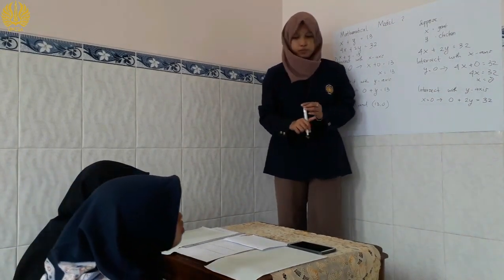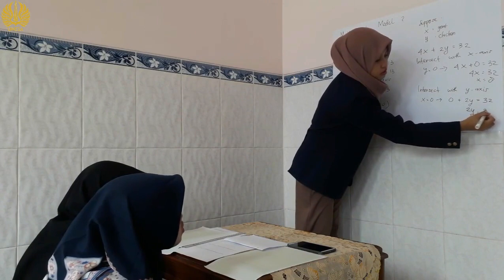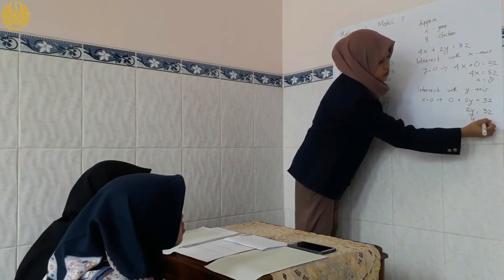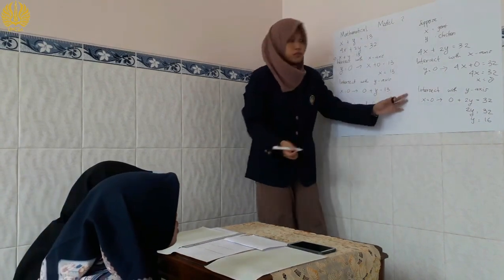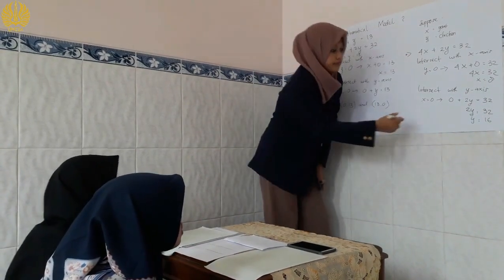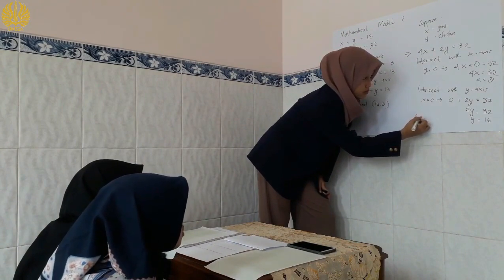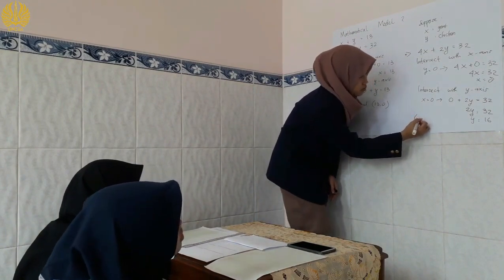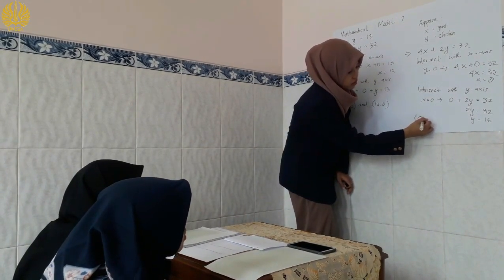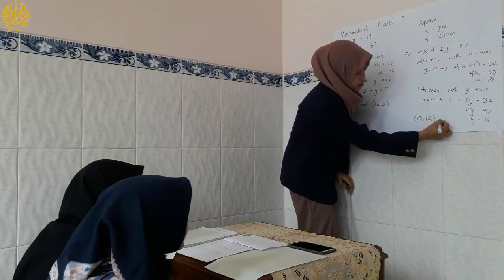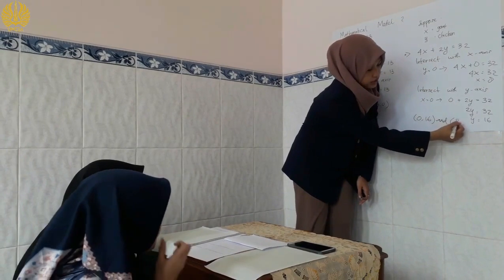Then what will we do? 2y is equal to 32, so y is 16. Do you get the point from this equation? Yes, 0 comma 16 and 8 comma 0.